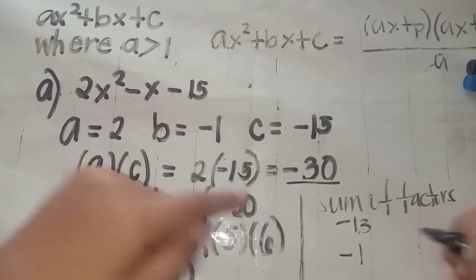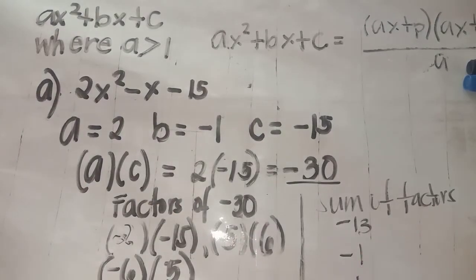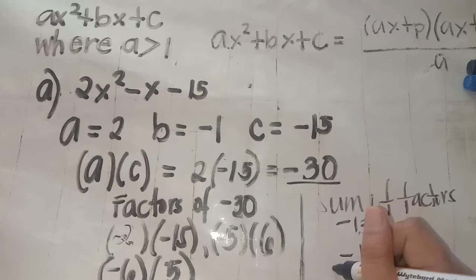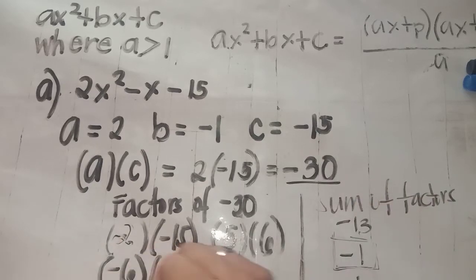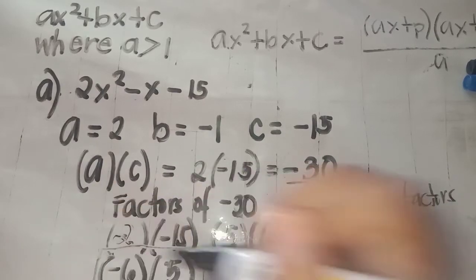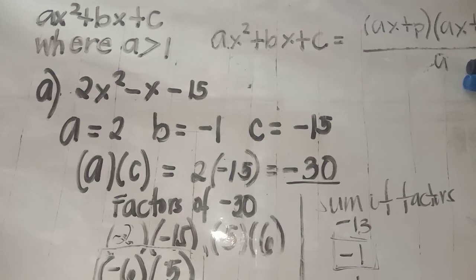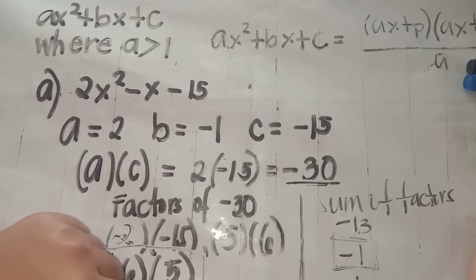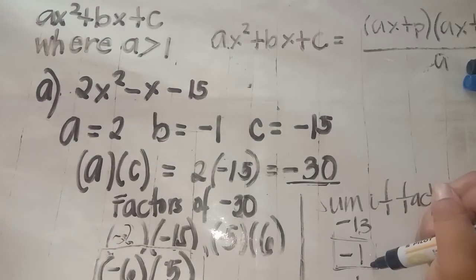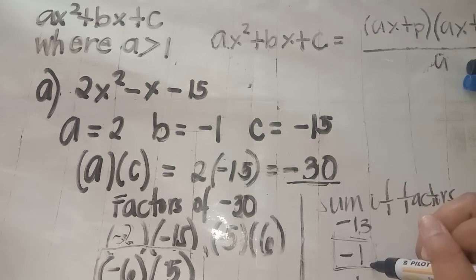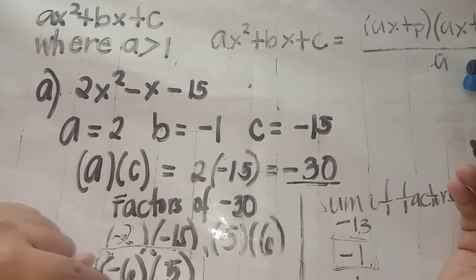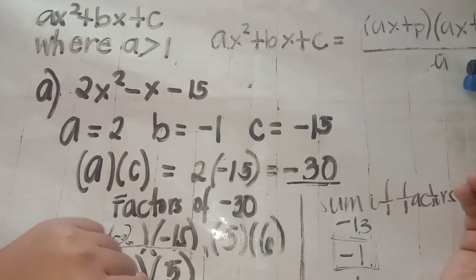Negative 5 and 6 have a sum of positive 1. So obviously, we use negative 6 and positive 5, because negative 6 times 5 is equal to negative 30, and negative 6 plus 5 is equal to negative 1.